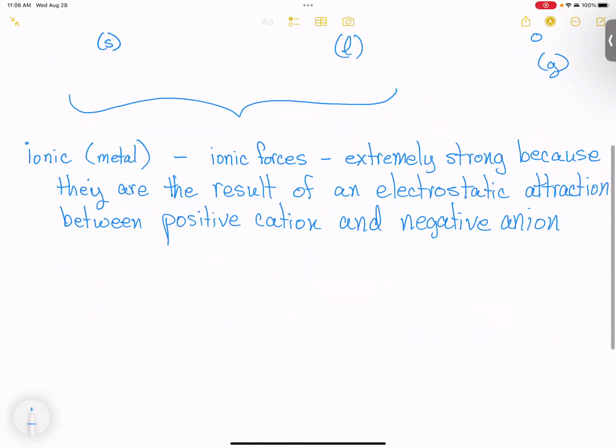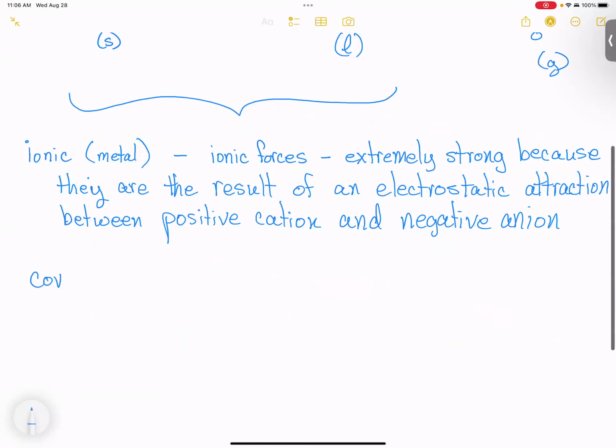Now, what is the clue that you have a covalent compound? They're nonmetals and metalloids only.